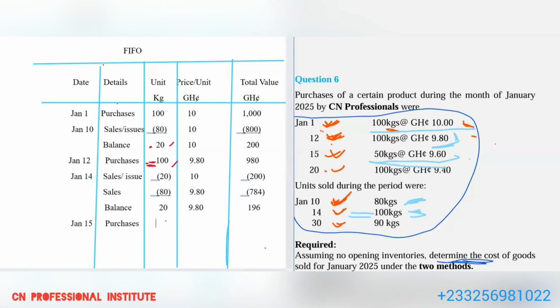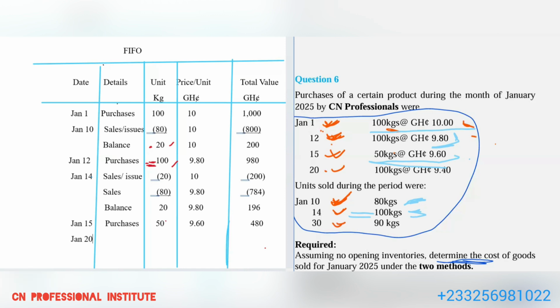So we purchased 50 kg at what price? 9.60, right? So multiply 50 by 9.6, and that should give us 480 purchases. So we are adding. Then January 20 was also another purchase.